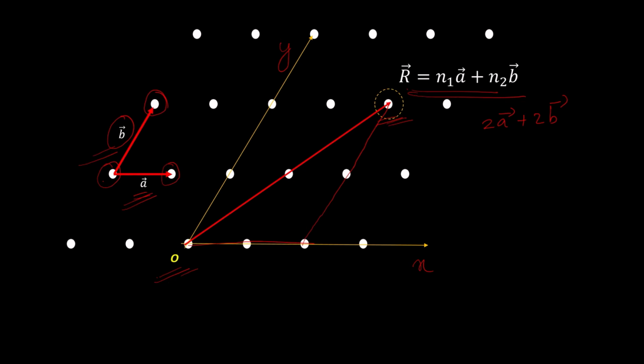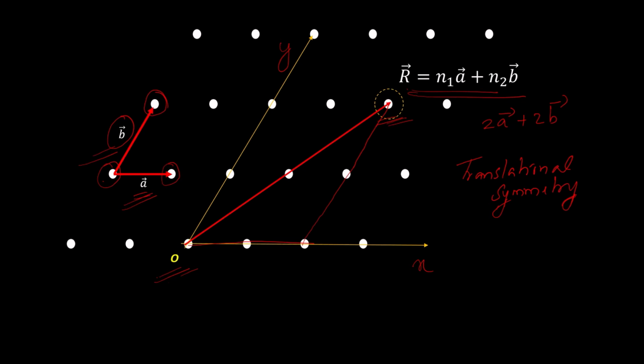So in other words, we can say that the lattice has a translational symmetry. We will be studying the details of the symmetry in the coming classes, but just to see that there is some kind of symmetry.